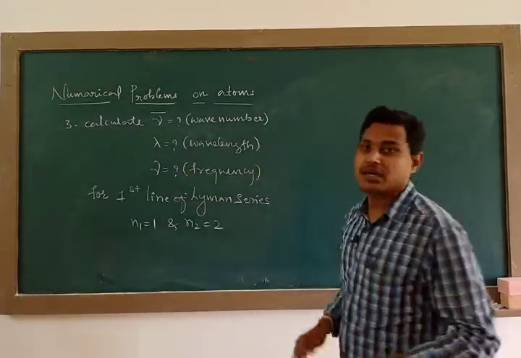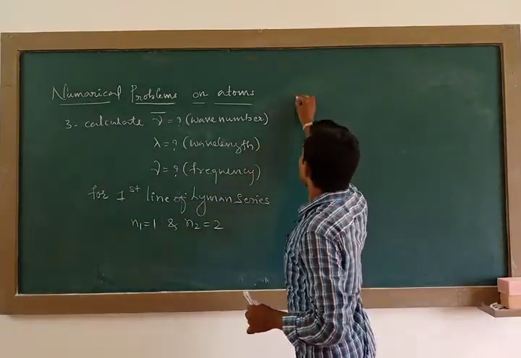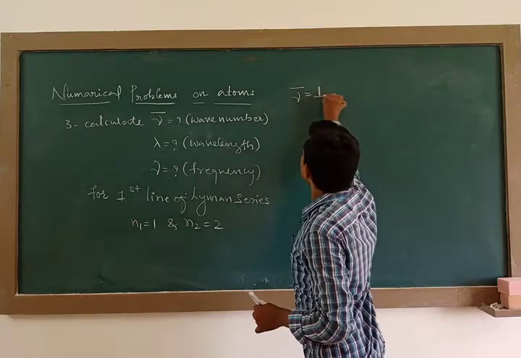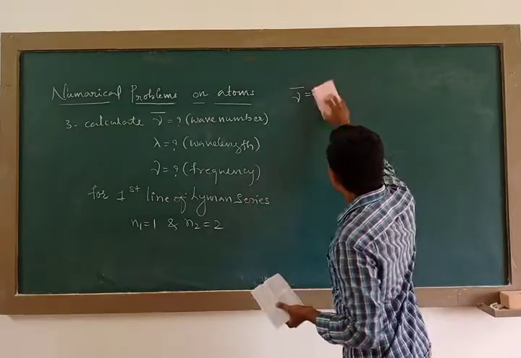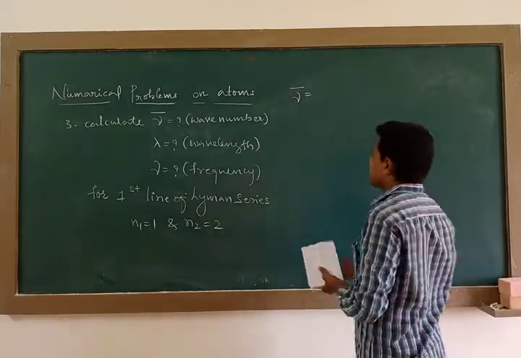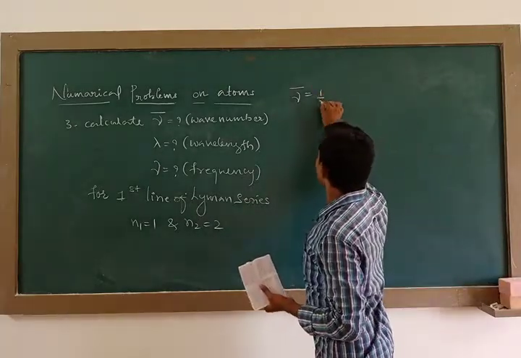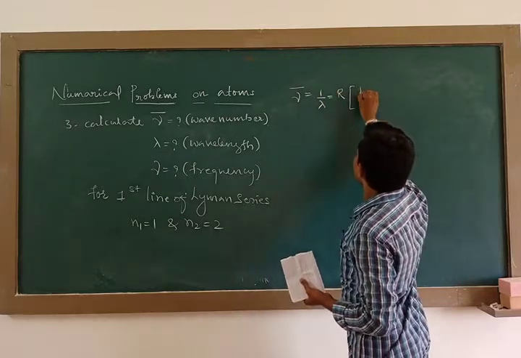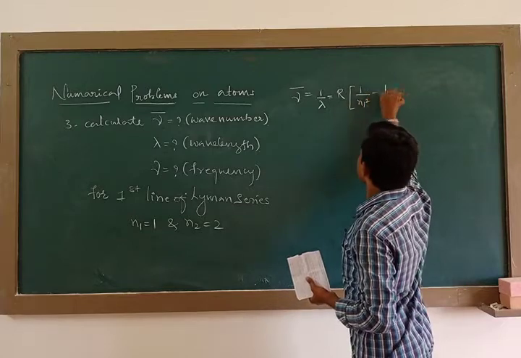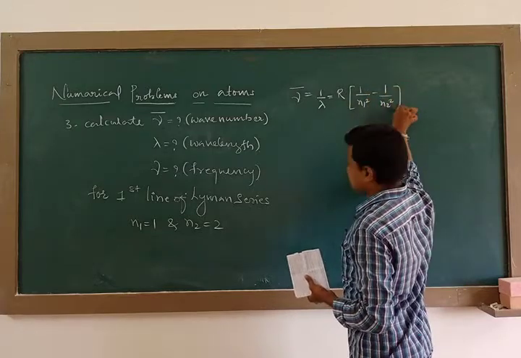We already know the expression for wave number: nu bar is equal to 1 by lambda, and this 1 by lambda is R into 1 divided by n1 square minus 1 by n2 square.